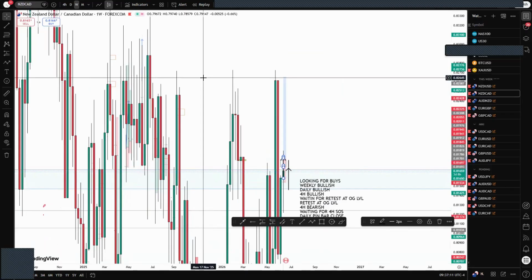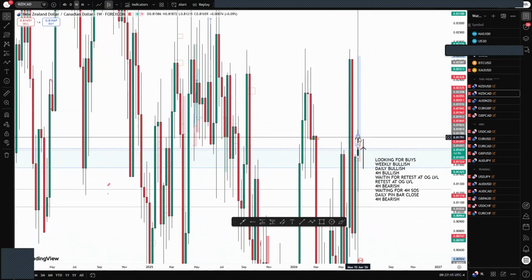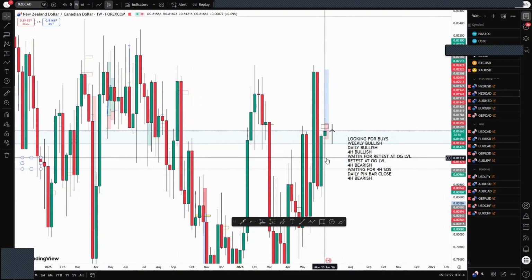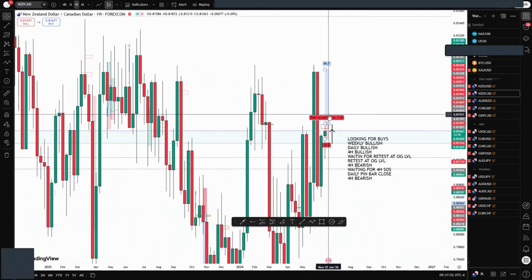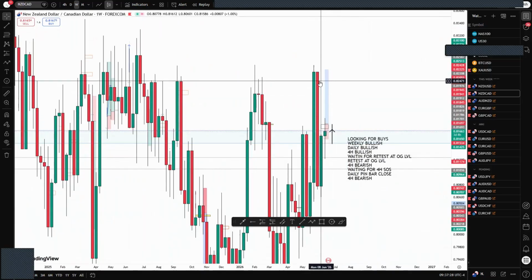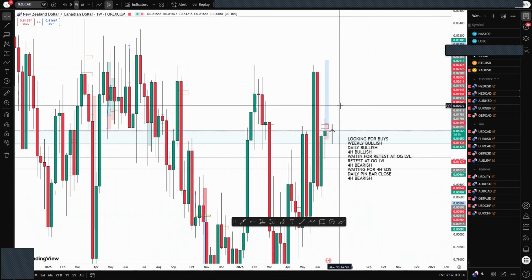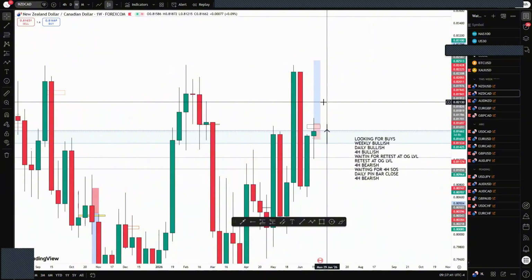The weekly, yeah, the weekly has now started reviving. As you can see, it already got the retest. It did it, so it's only right if it now buys, and the buy is what we'll be looking for. Next.